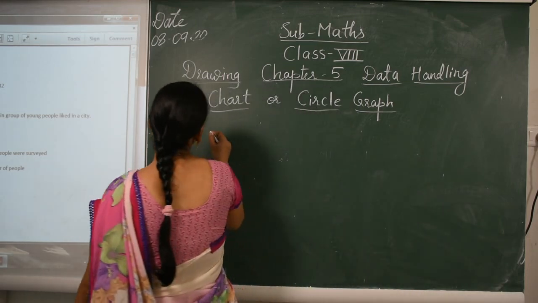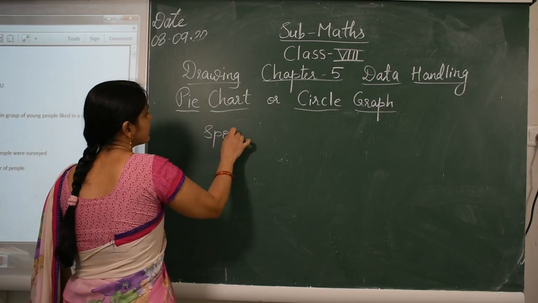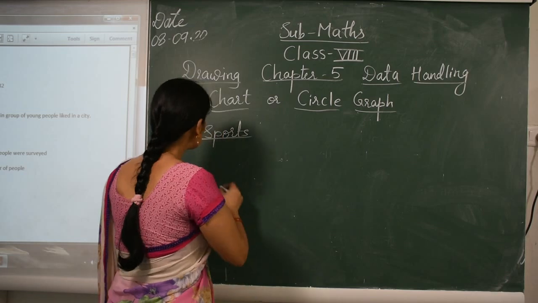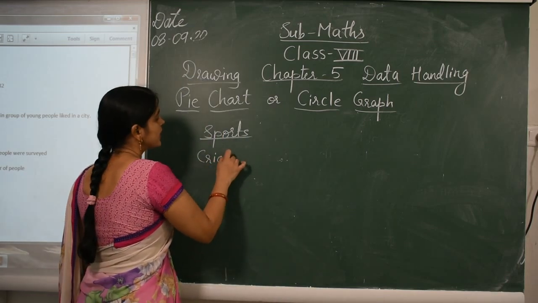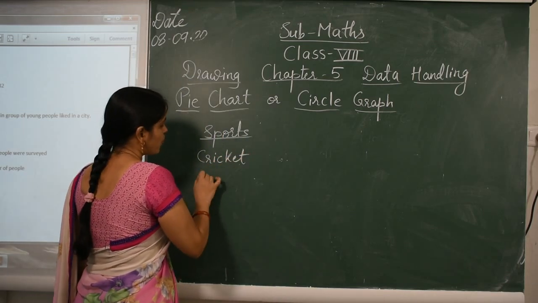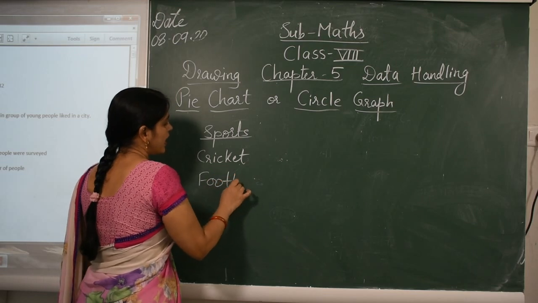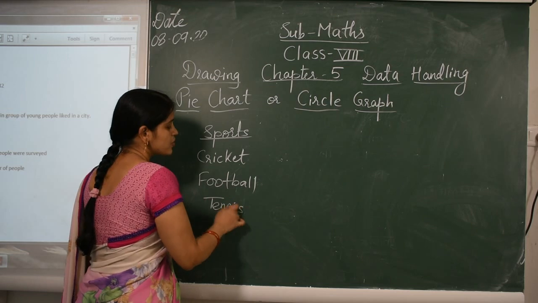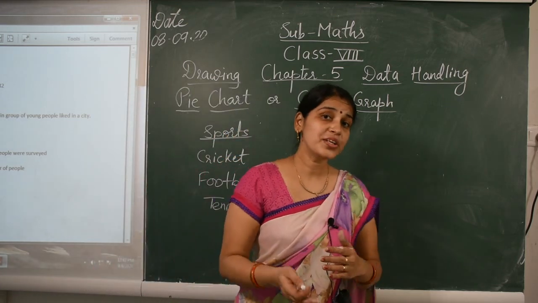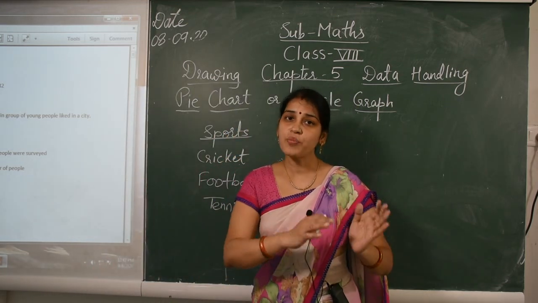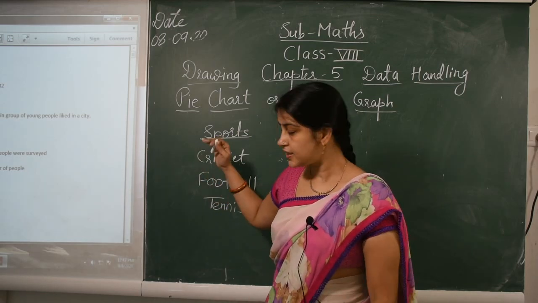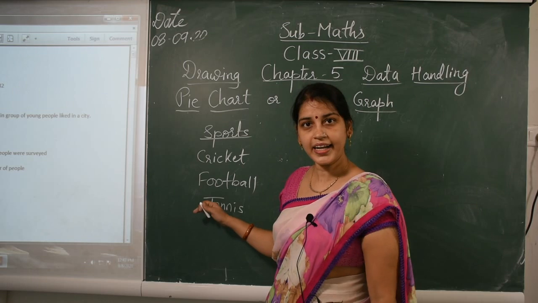For example, you are given the names of sports. Few sports you are given like cricket, football and tennis. These three games are given, and then you are given how many students of class 8 like cricket, football and tennis.